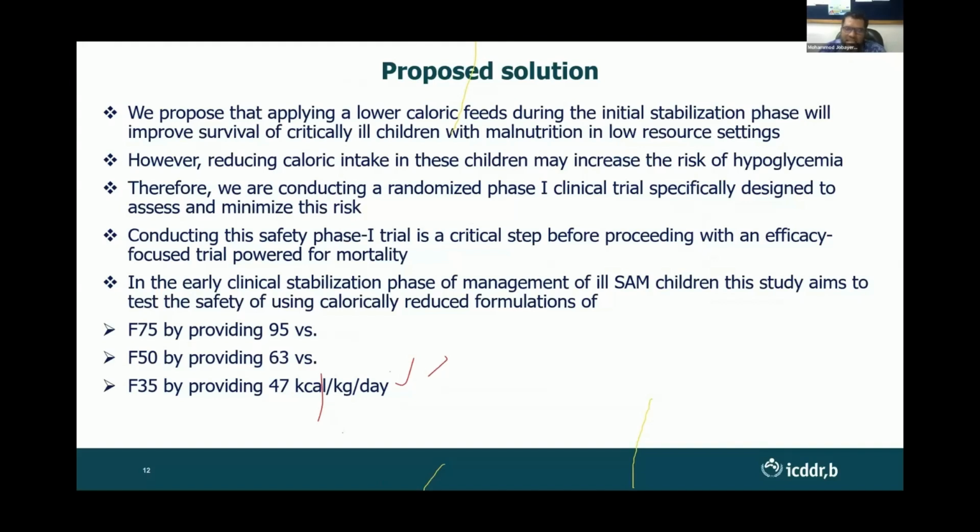So we are conducting this as a pilot study to understand safety, evaluating episodes of hypoglycemia. We are doing this in three arms, following the Bayesian model: F75 versus F50 and F35. We are performing this in collaboration with the hospital headed by Dr. Bensma, and also with our CHAIN network, headed by Professor James Berkley.